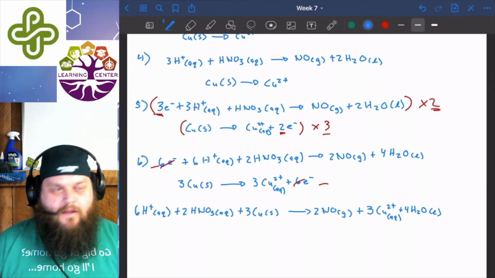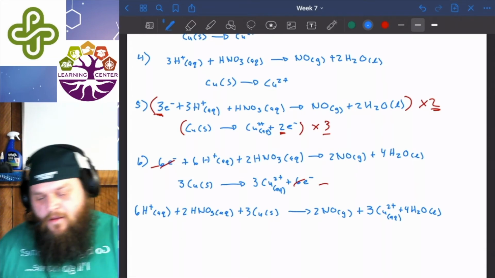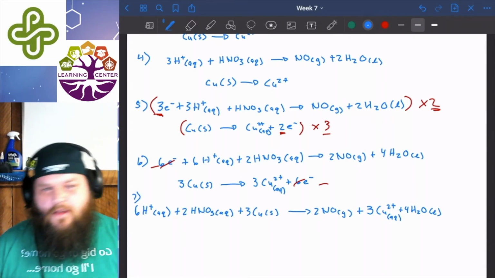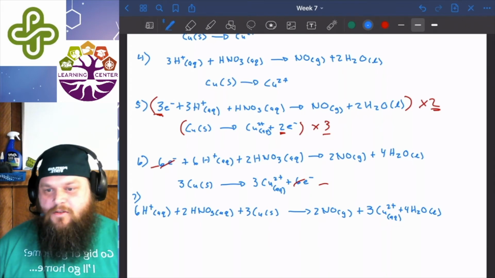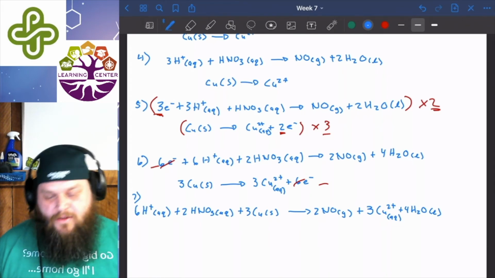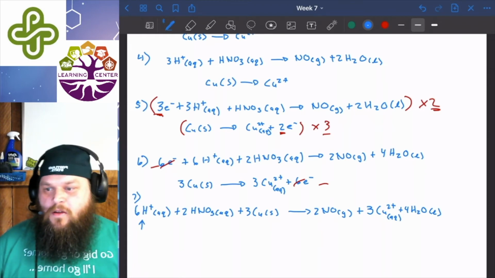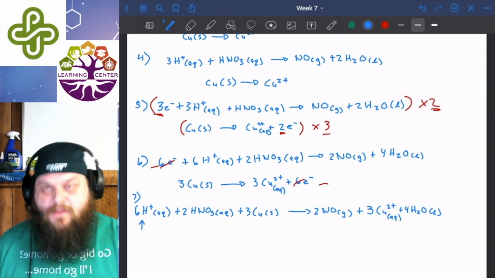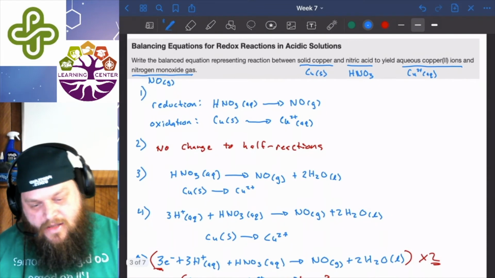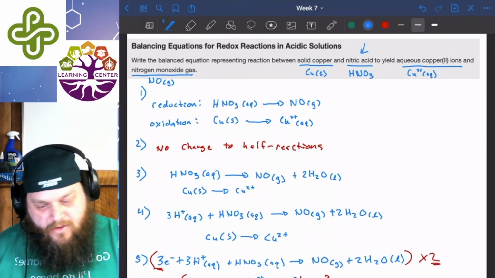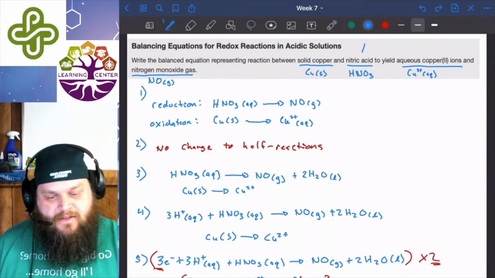And the last step is to check, this is number 7: does this happen in a basic solution? And if it does, we need to balance the H+ with OH-. In this case, we're adding nitric acid, so it's going to be more of an acidic solution.